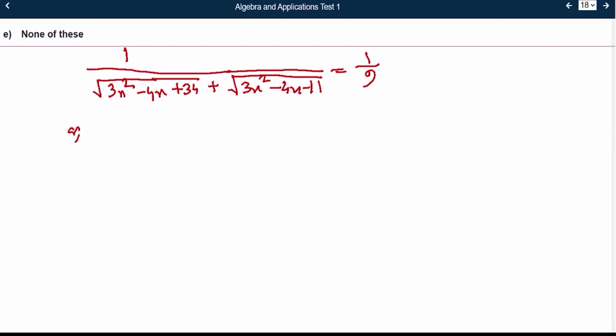To do that, we would multiply both the numerator and the denominator with its conjugate.